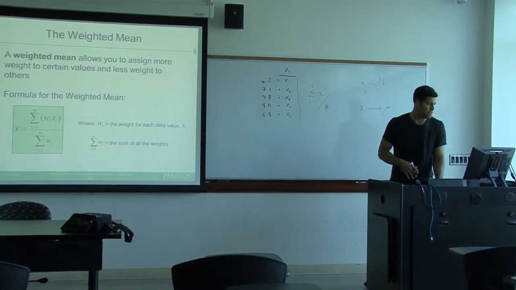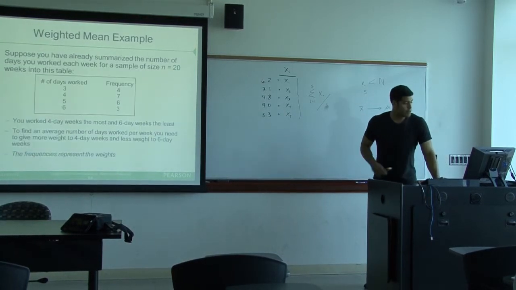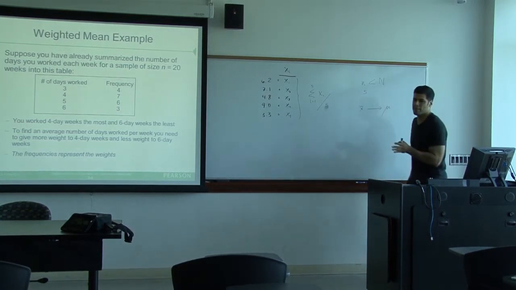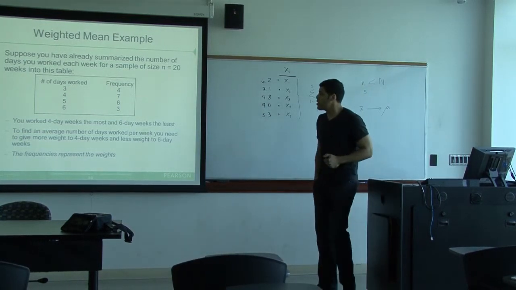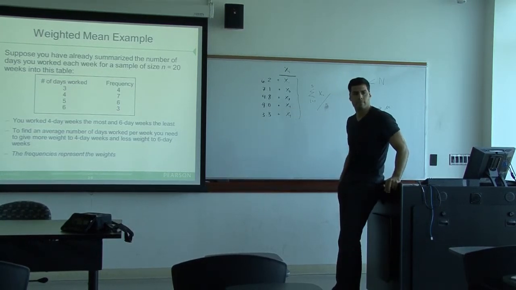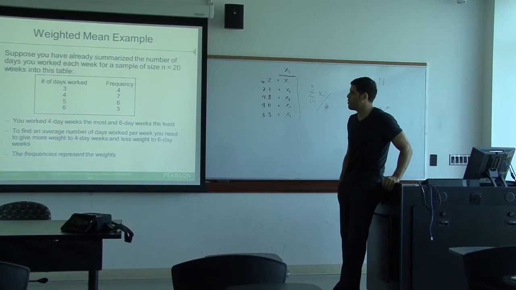All right, so let's look at an example here. This is a more complex example than I would like it to be. But what do we have in that box? What do we call that? Frequency distribution, right? That's what we looked at last week, Thursday. So the number of days worked. One week is one observation.